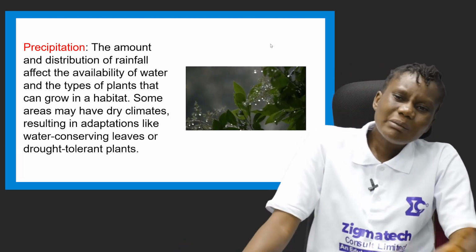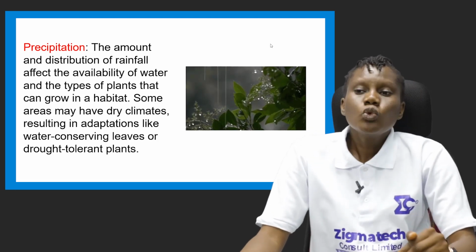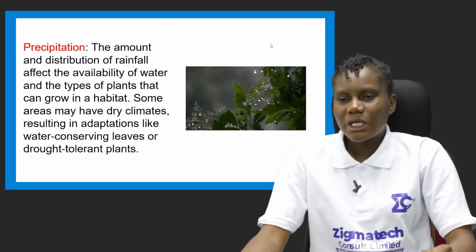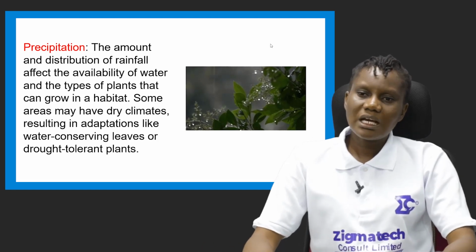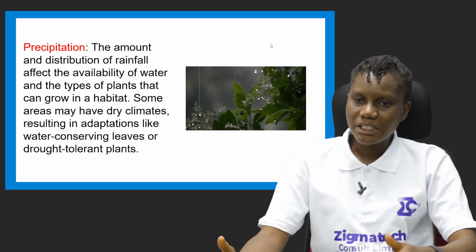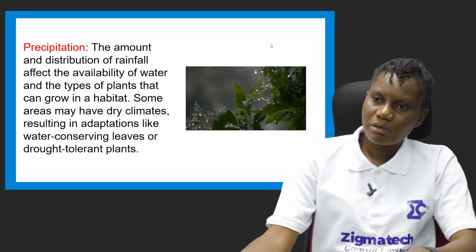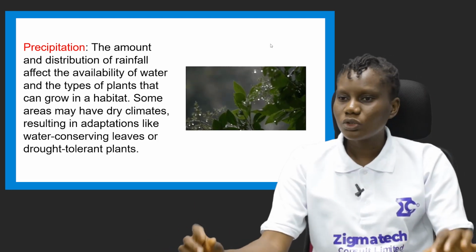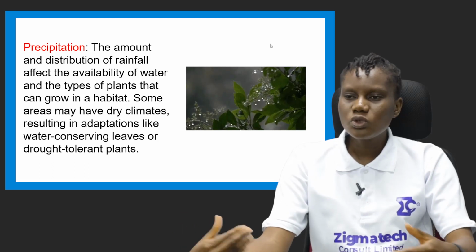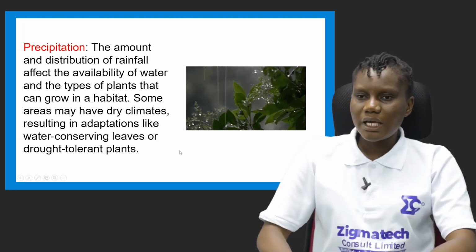So there are some animals or plants that you will never find in the desert because they cannot survive without water. So some areas may have dry climates, resulting in adaptations like water-conserving leaves or drought-tolerant plants such as your cactus plants. It has converted its leaf into spine. You see it like thorns on it. That way it doesn't lose water easily to the environment.